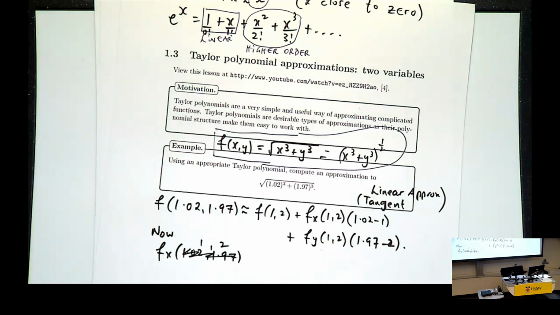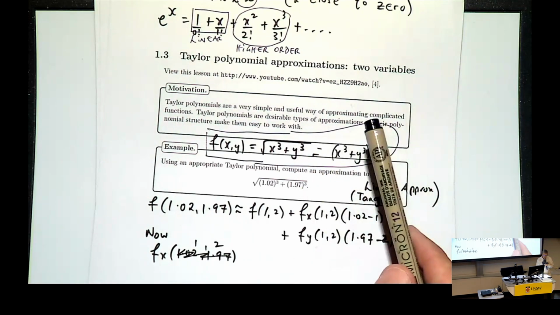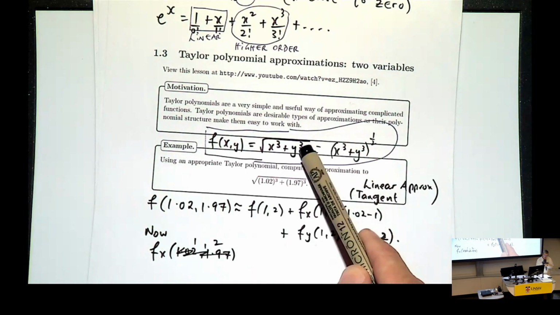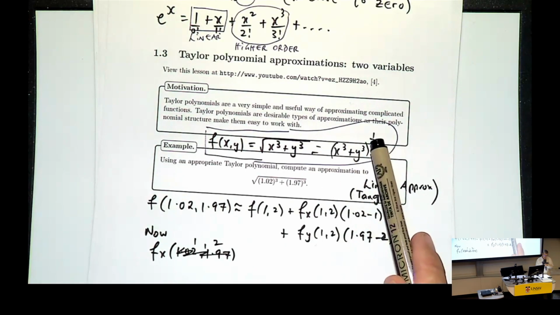I'm assuming you're okay with partial differentiation, but just in case you're not, let me say that again. If I'm differentiating with respect to x, I imagine all the y's are constants. The half will come to the front, the derivative of what's in there will come to the front, 3x squared, and the power will decrease by 1. Okay?